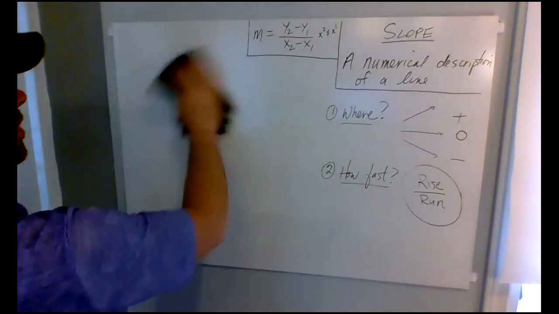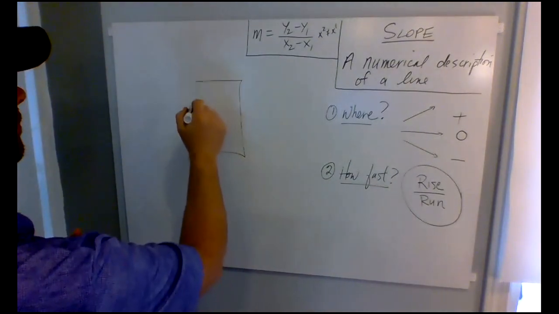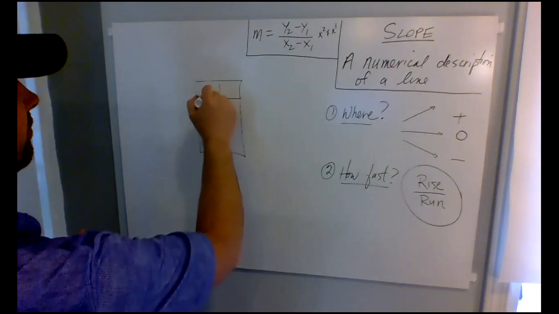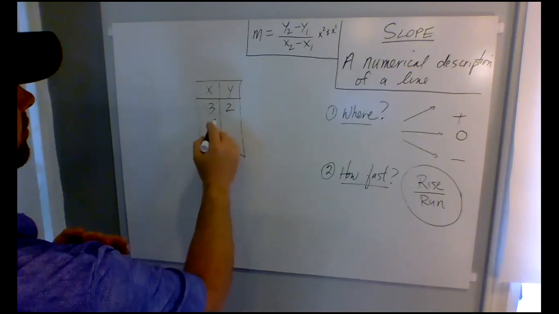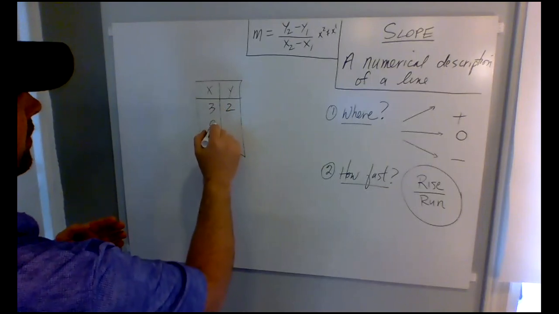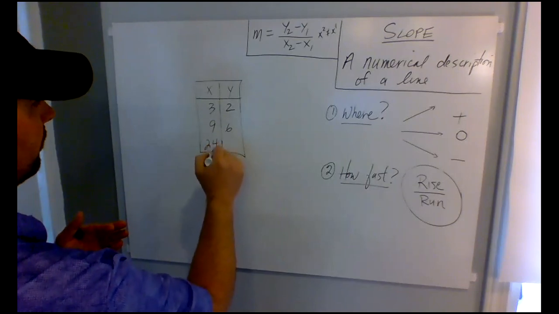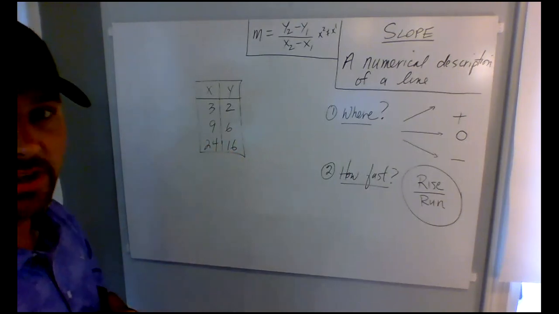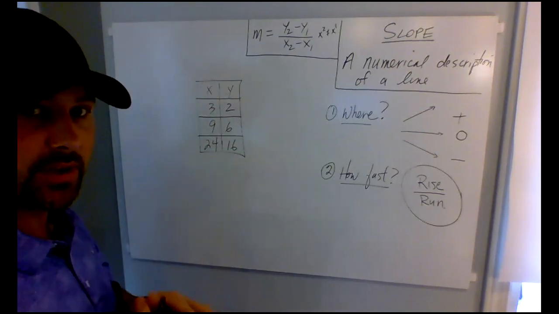Sometimes you might see coordinates listed in a table, could be listed like that. This is called an in-out table. We're going to talk more about this tomorrow.